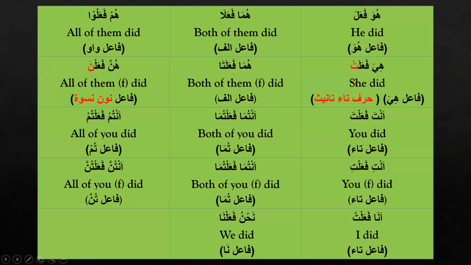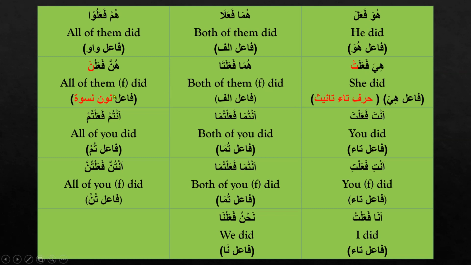It differentiates between huwa and hiya. Then huma fa'alata, both of them female did. What is the file here? Look at the ending, alif is a file here.